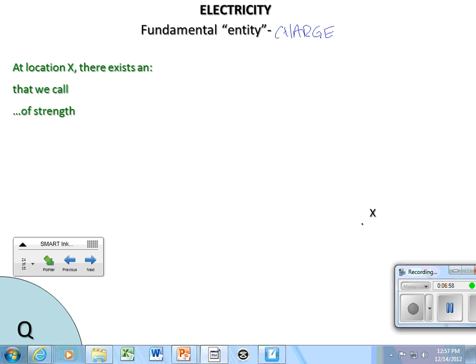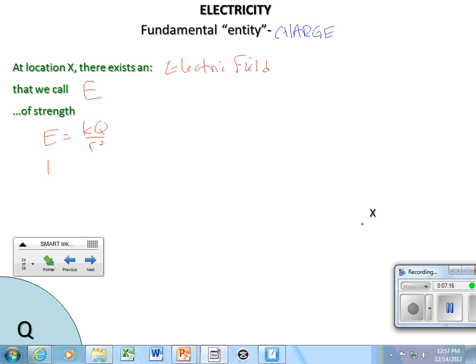At this place, location X, we say there is an electric field that we call E, and we know the strength of that field is KQ over R squared.